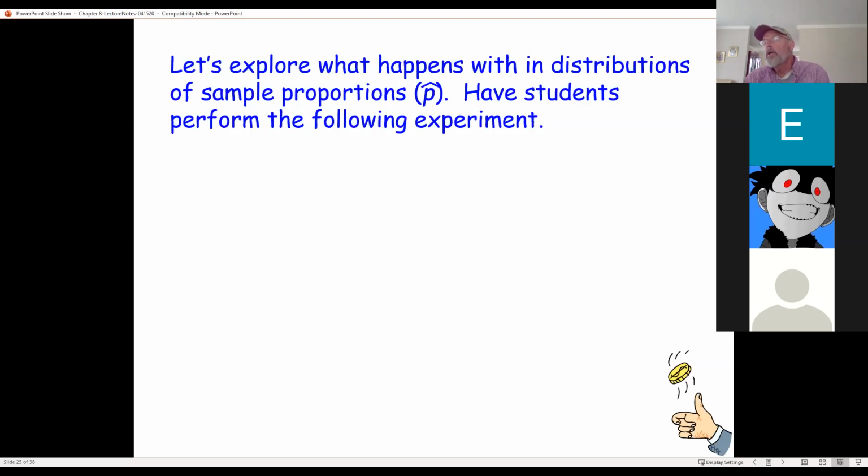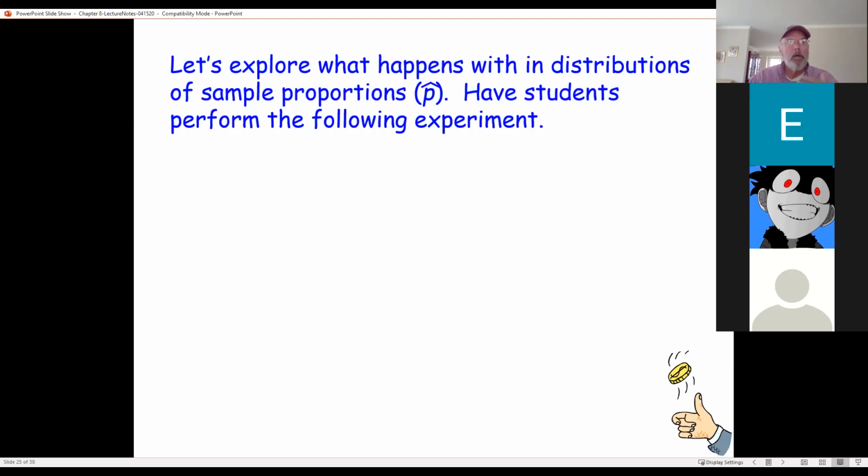So let's start thinking about one other thing that we can start to pick at. Now, we've been talking about sample means, and those are different than sample proportions. So P hat right here is a sample proportion. P hat is another statistic.